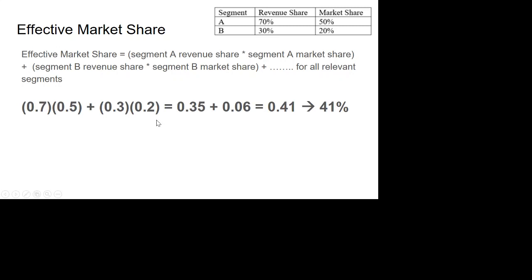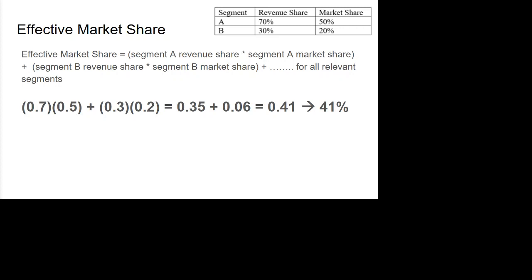And this is all it is. Segment A revenue share times segment A market share. This is segment B revenue share and segment B market share. Multiply those two together, add them together, you get an effective market share of 41%. Okay? This is important.